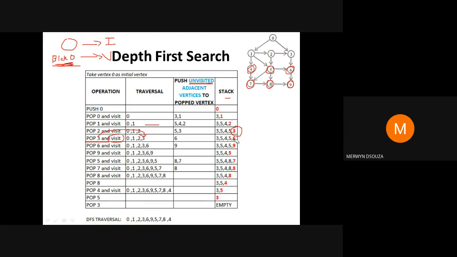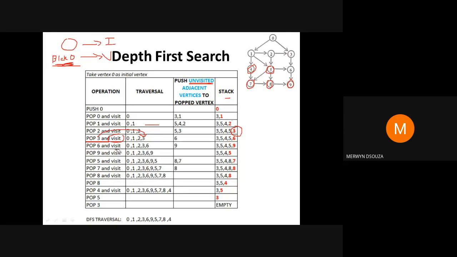In the next step, pop 6 and visit. When you visit, you write 6 in the answer and remove the red circle from 6. So all these have been visited now: 0, 1, 2, 3 and 6. You can see here also 0, 1, 2, 3 and 6.